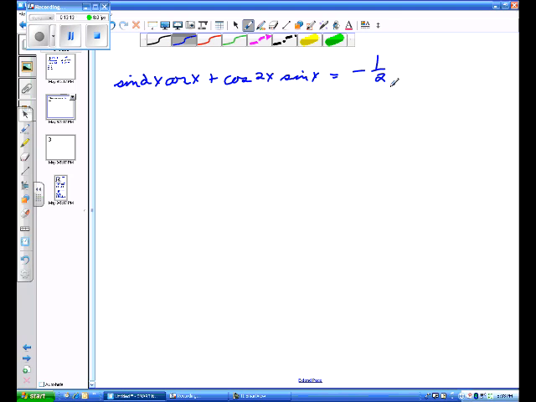If you look at this, it's the sine of the first, cosine of the second, plus cosine of the first, sine of the second. Well, that was our identity for the sine of a plus b. So this is the same as the sine of 2x plus x, or the sine of 3x equals negative 1/2.